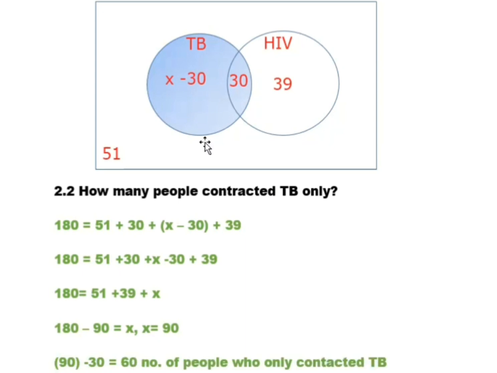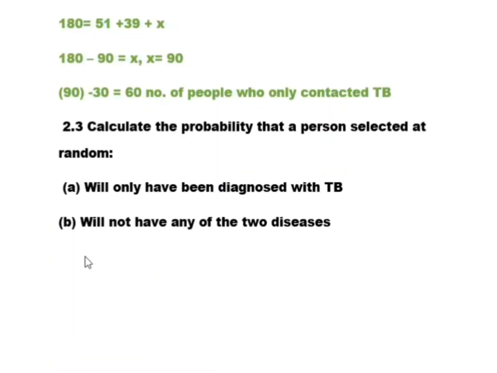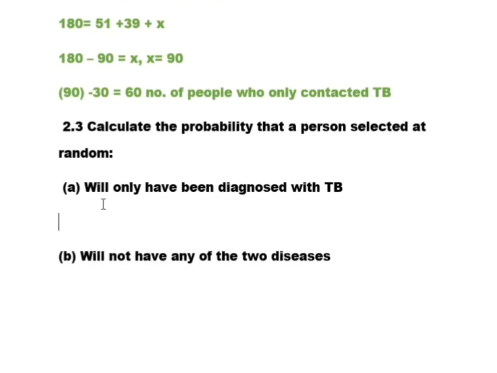Right. Now let's move on to the next question. Now you have to calculate the probability that a person selected at random has only been diagnosed with TB. What's the probability of that happening? The keyword here is only.